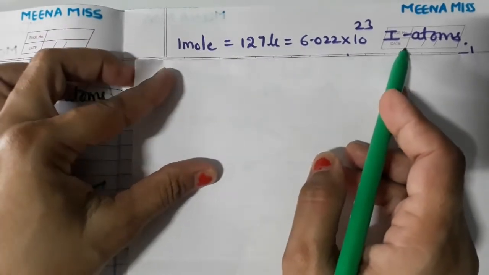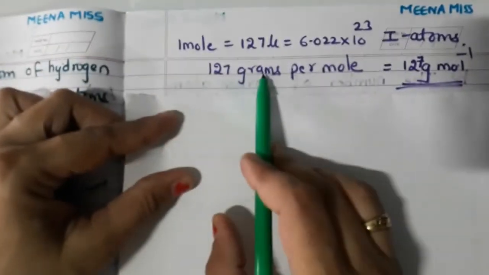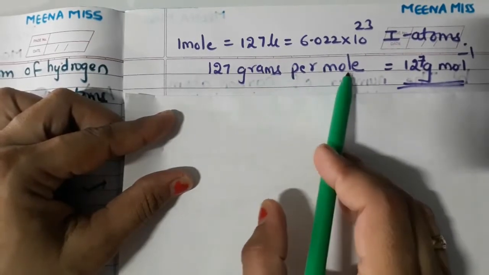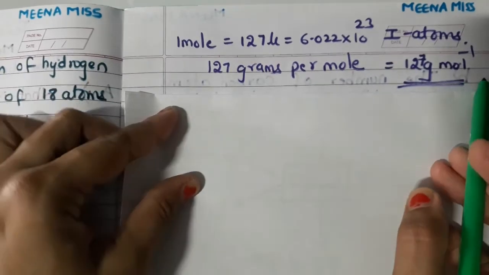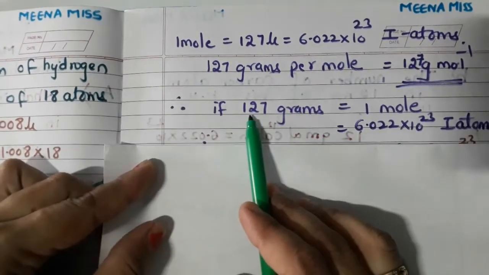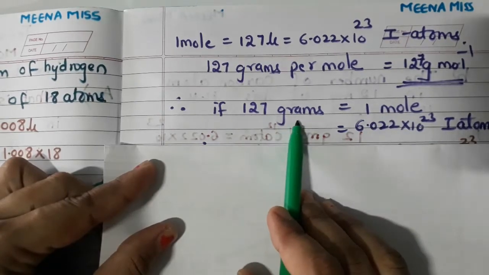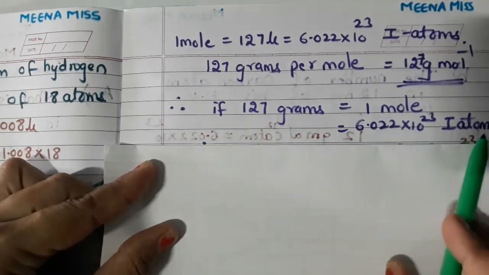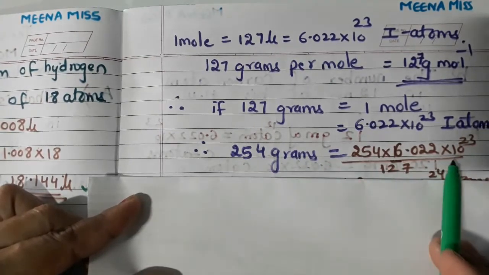Now what is the meaning of this expression? It is 127 grams per mole. So it means if 127 grams is 1 mole, that is, this many grams is the weight of this many atoms, then 254 grams will be the weight of how many atoms?